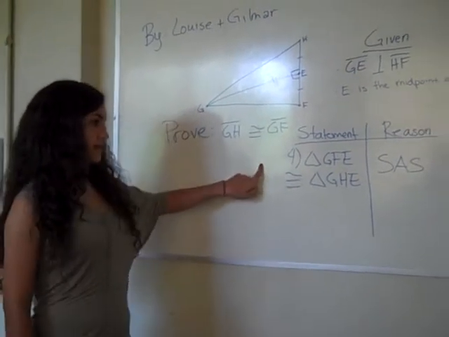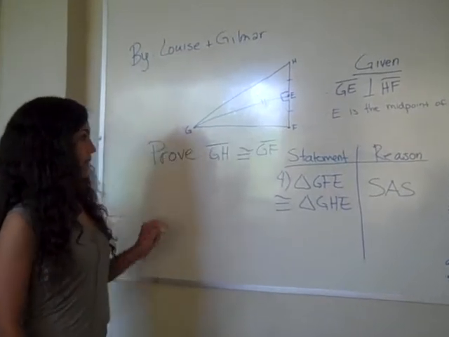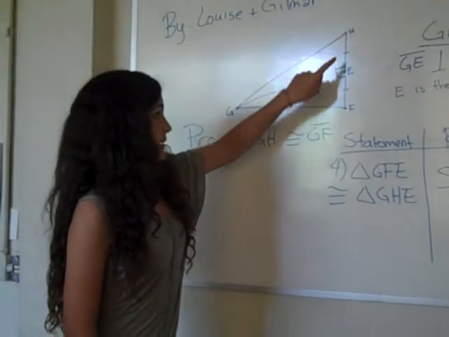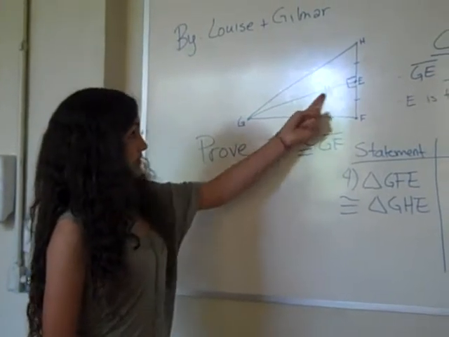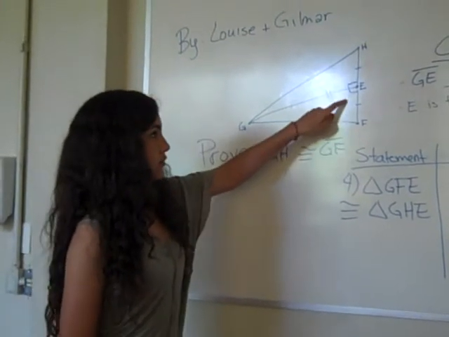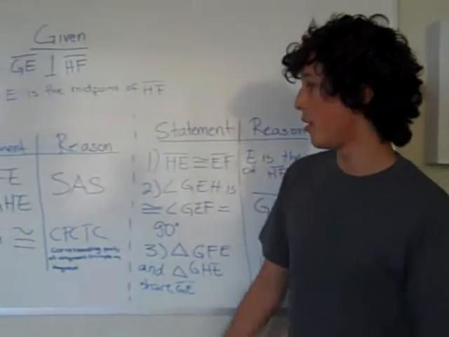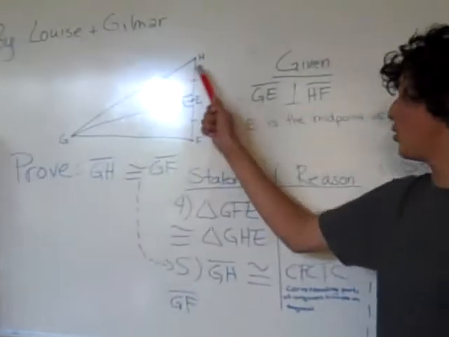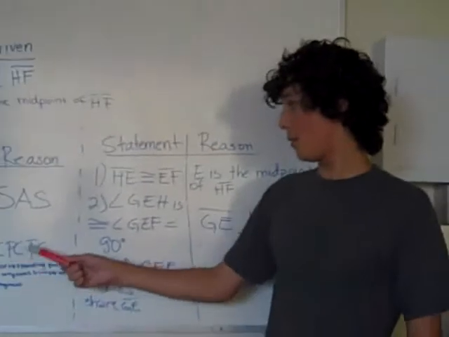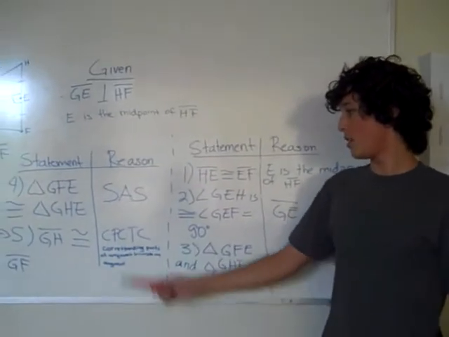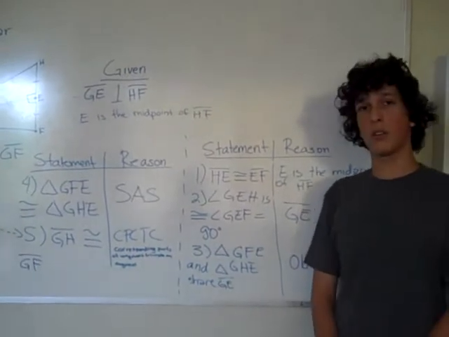So, the next statement is that triangle GFE is congruent to triangle GHE by SAS, since we know that those two sides are equal, they share the side, so it's equal, and those two angles are equal. So therefore, we get to prove that line GH is congruent to line GF because of CPCTC. That means corresponding parts of congruent triangles are congruent.